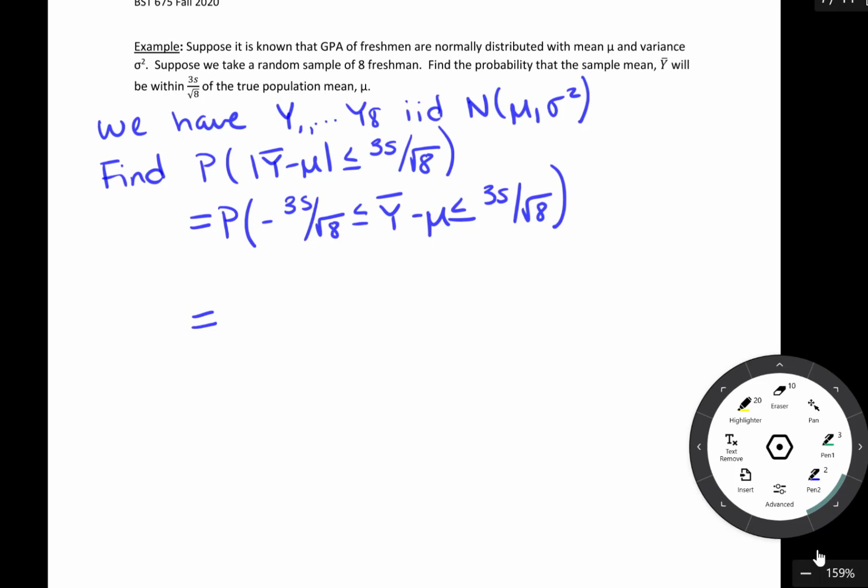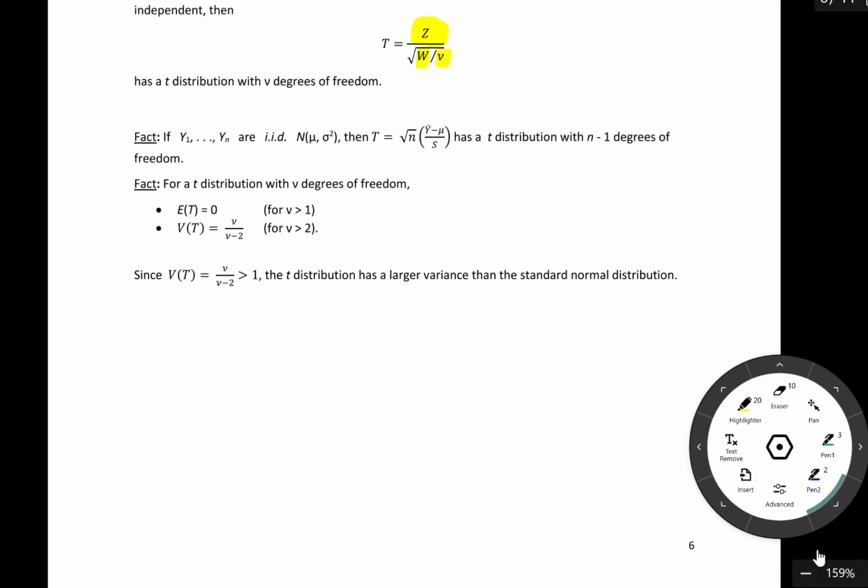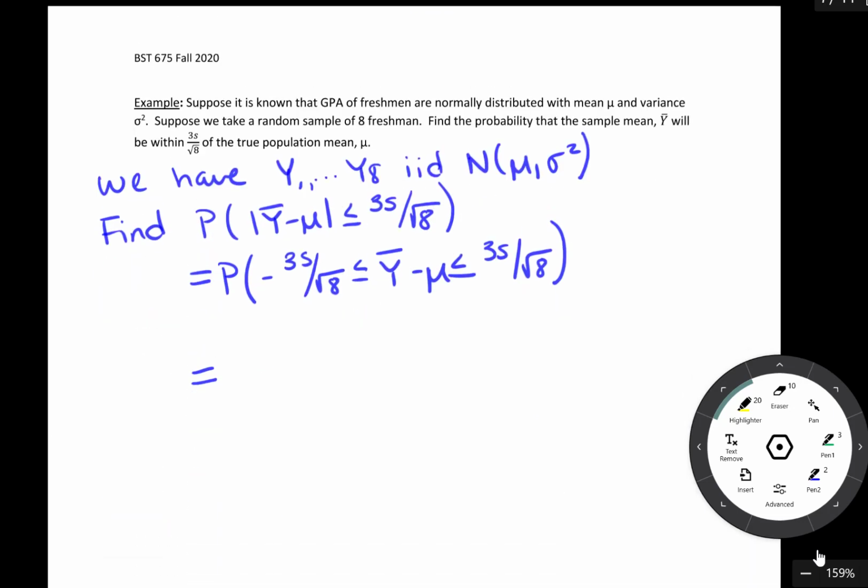The reason I want to do that is that I don't know the distribution of y bar minus mu based on our theorems, but what I do know is this distribution right here. So I'm going to try to make it look like that. And with a little bit of algebra, you end up with the following.